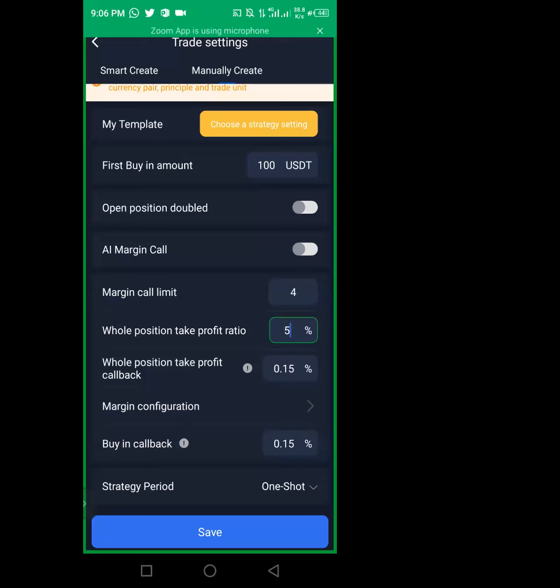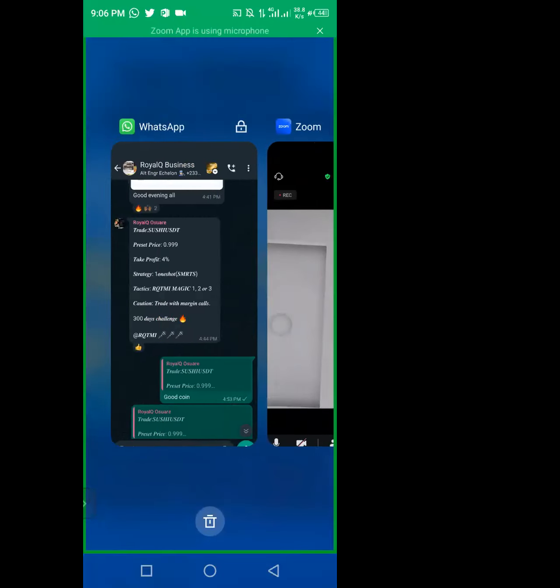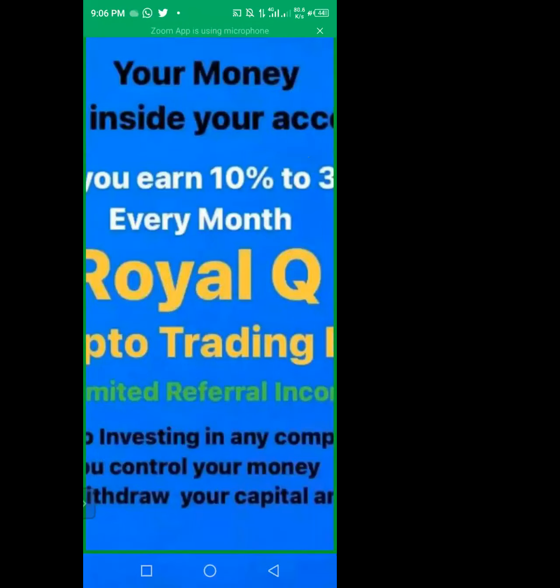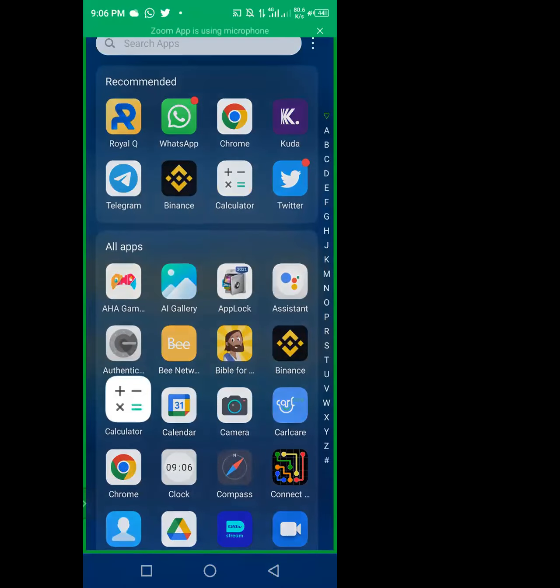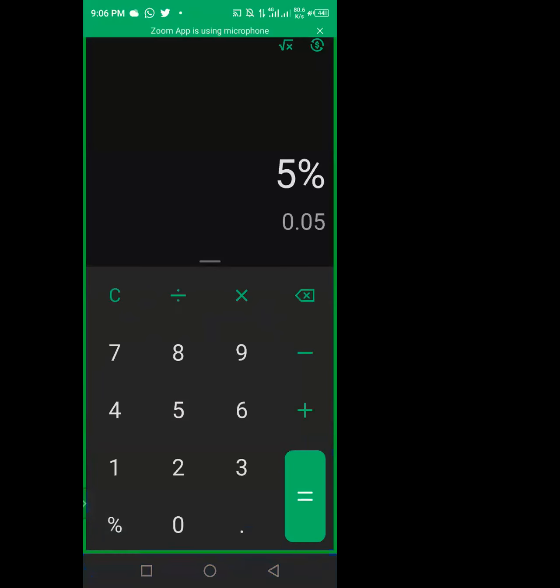When this coin sells, you are supposed to get, let me see, here's my calculator, 5% of 100. So you see, you get $5 as profit. I'm not calculating the callback or the plus or minus, so roughly you get $5. You understand? But if you cannot wait and you set 3%, you get $3.